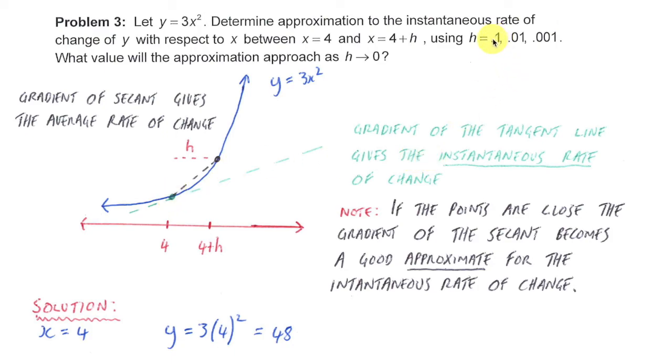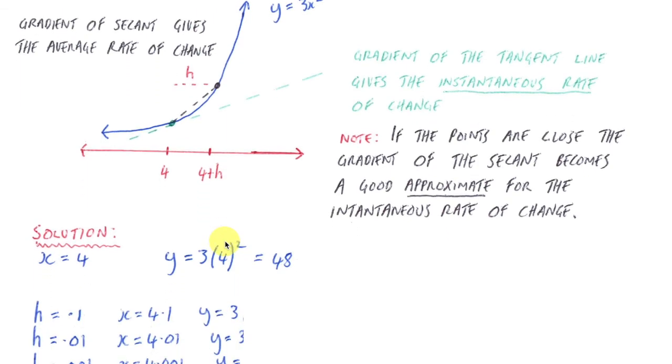Let's now consider h equaling 0.1. So this is initially 4. If I go h units across, and I've described h as being 0.1, this new position over here is going to be 4.1. This point is going to be the substitution of 4.1 into this rule, and I've done that calculation.